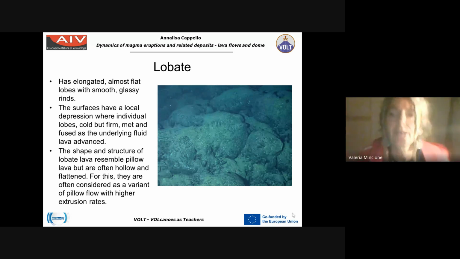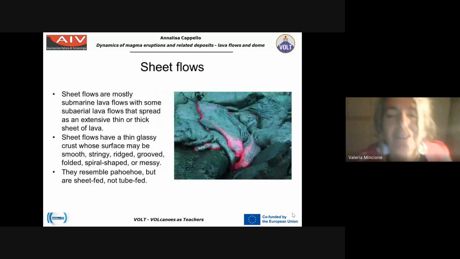Okay, in our region, we have some columnar lava. And so what about viscosity? What about this phenomenon exactly? Because I know that it is subaqueous, but I cannot relate it with pillow, sheet flows, or lobate.